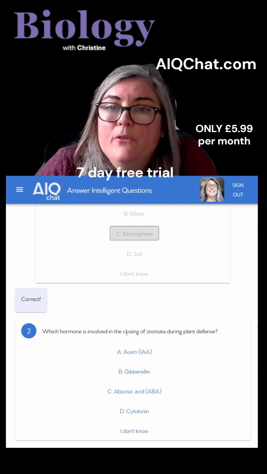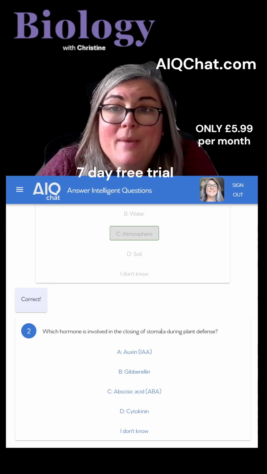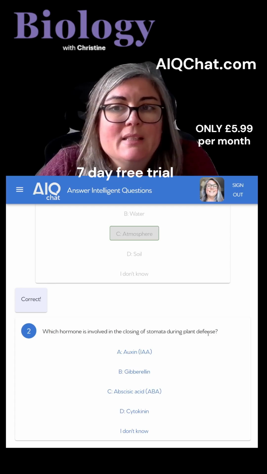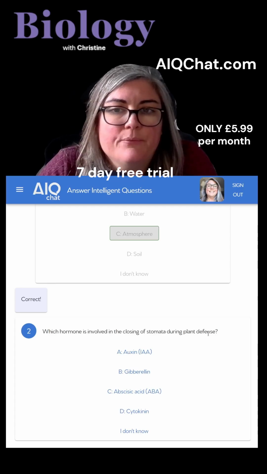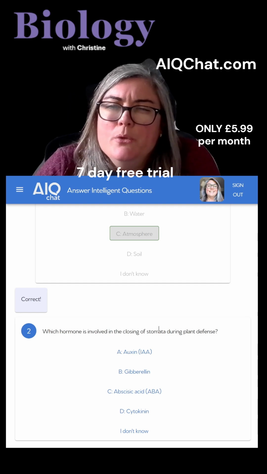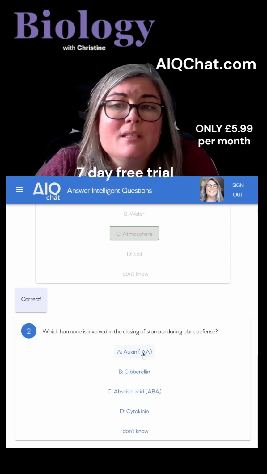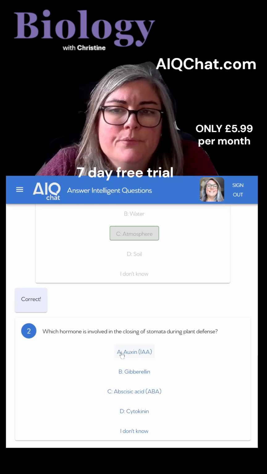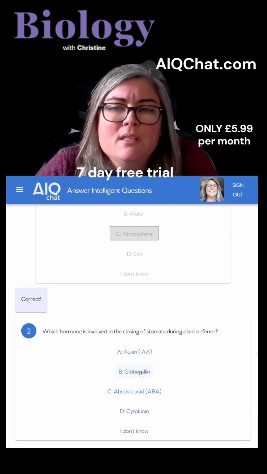Which hormone is involved in the closing of stomata during plant defense? Oh, interesting. So closing of stomata, is that auxin? Well, auxin is to do with cell elongation. Gibberellin is to do with stem elongation.